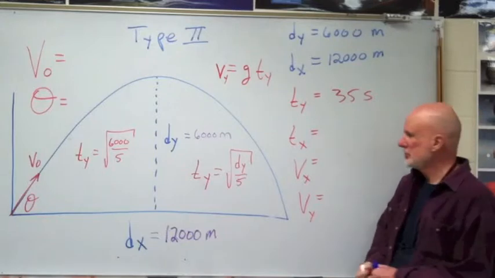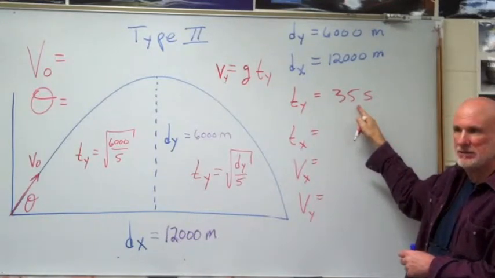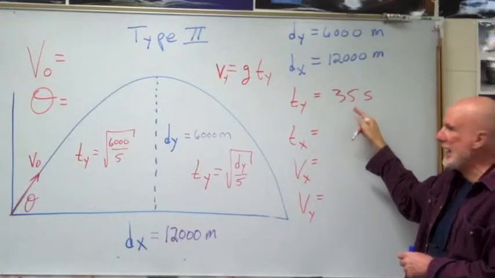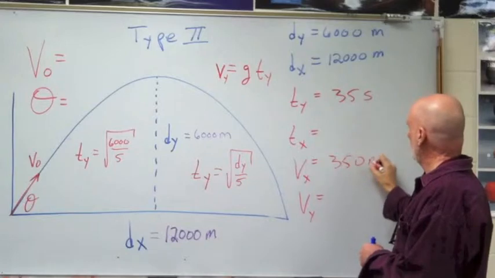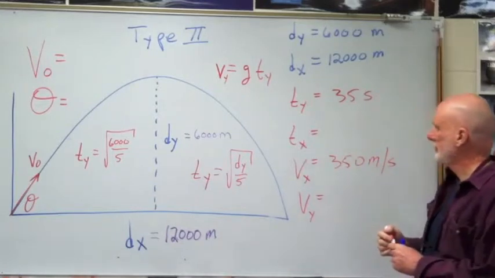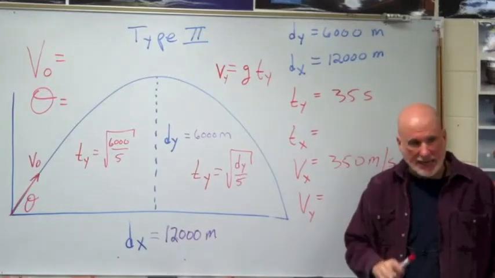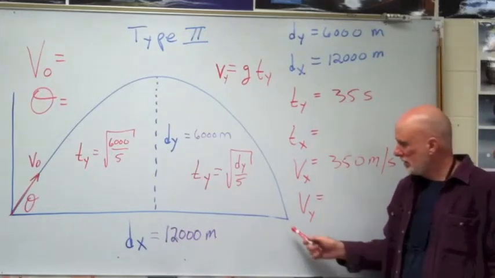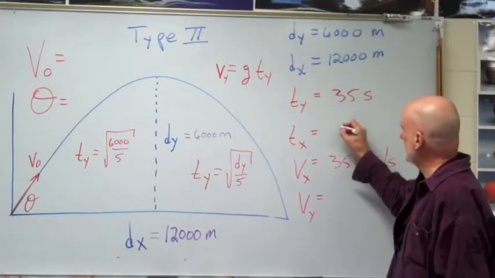It's vertical. So, 35 seconds times 10 would be 350 meters per second. Now, we know, Michael said 70 seconds, and that is true for the total time it takes to get to here, at 70 seconds.